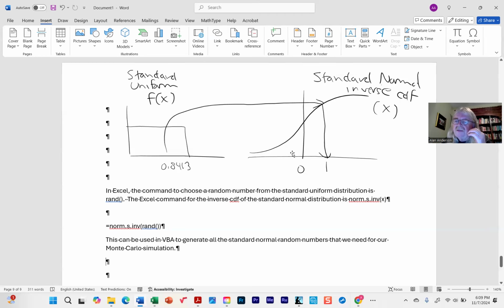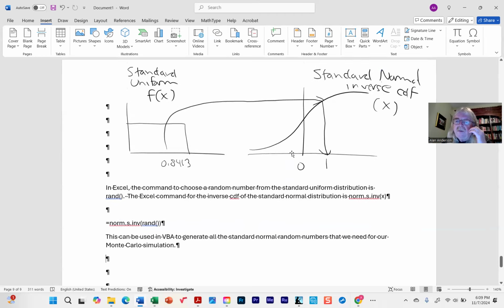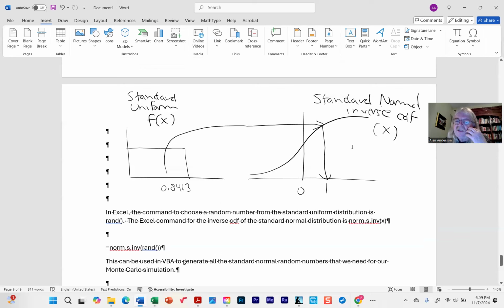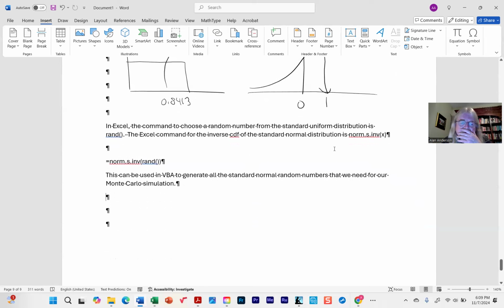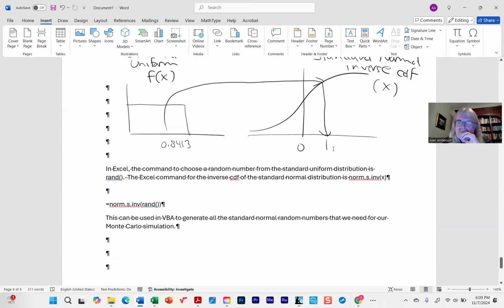It's much easier to do it this way. All we need is an inverse CDF function and we're all set. This is why we typically use this approach, because Excel has quite a few of them and many other programming languages do the same. So that's going to be the heart and soul of our simulation process.